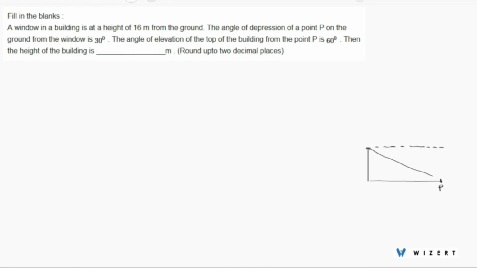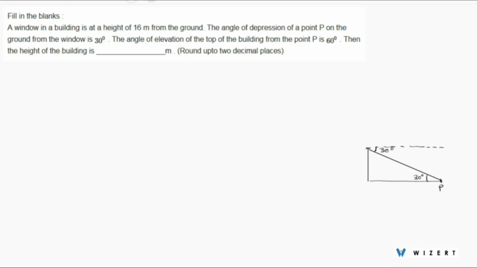So this angle is 30 degrees according to the question, and that is nothing but angle of elevation. Angle of depression is going to be equal to angle of elevation, so this is 30 degrees.